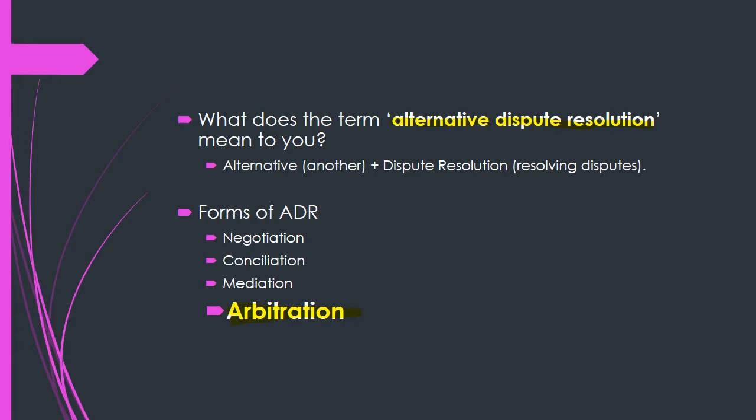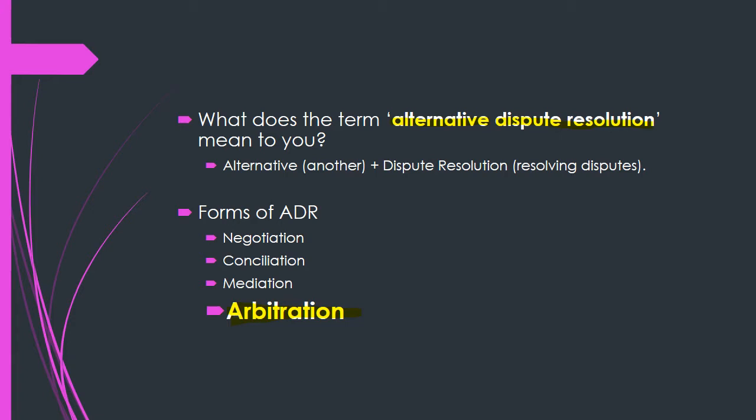If you think of the word dispute, or think of what you want to be, a lawyer, what comes to your mind for resolution of disputes is the court system, litigation. So alternative dispute resolution is another way of resolving disputes outside of litigation. That's a simple way of defining it.